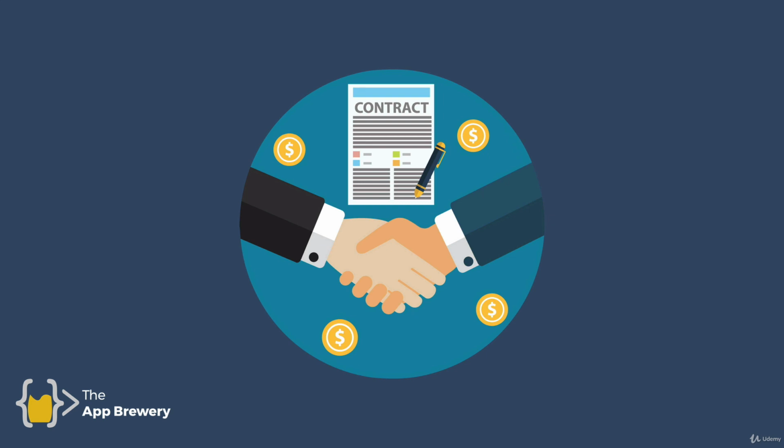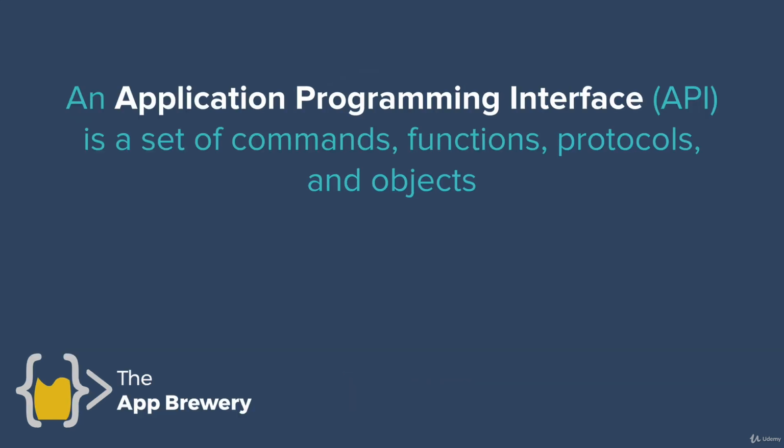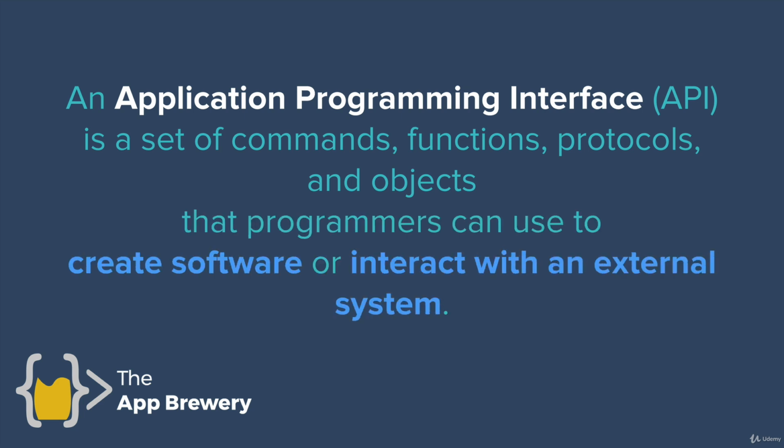And we, as the website that hosts the data, will try to not change any of these methods or functions without notifying you. Coming back to our definition, then it starts to make a little bit more sense, right? Where an API is a set of commands, functions, protocols, and objects that programmers can use to create software or interact with an external system.